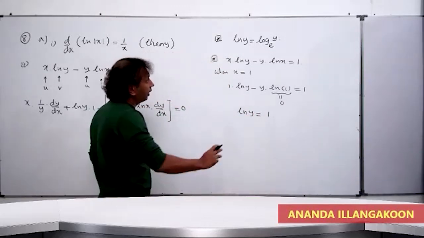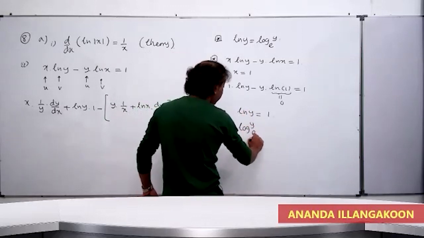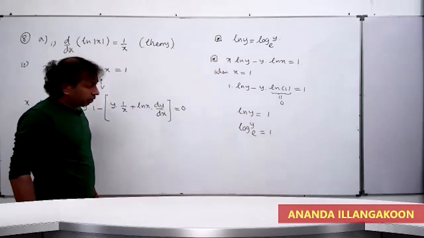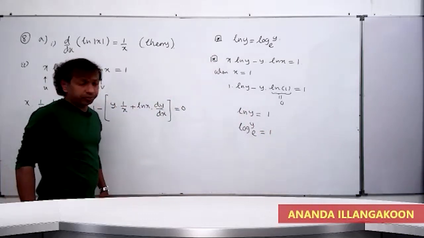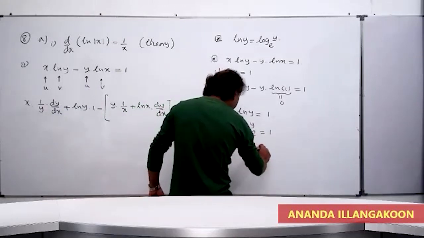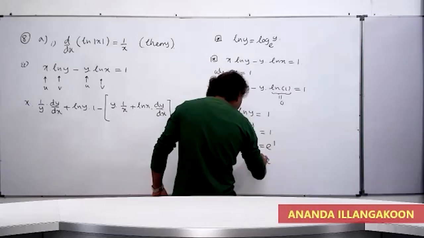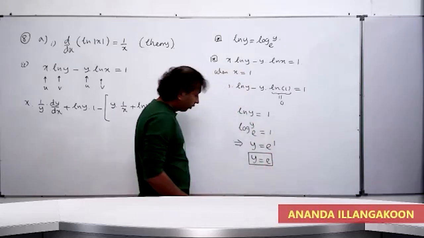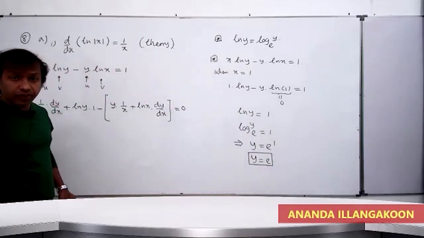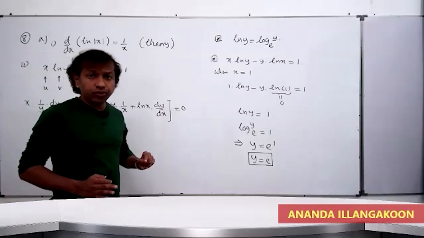Okay. So then ln y means really what? Logarithm of y to the base e, no? This is 1. Okay. How to eliminate this logarithmic form? This is y equals e to the power 1, no? y equals e. What is this value of y, people? This value of y means the value of y when x equals 1, right?